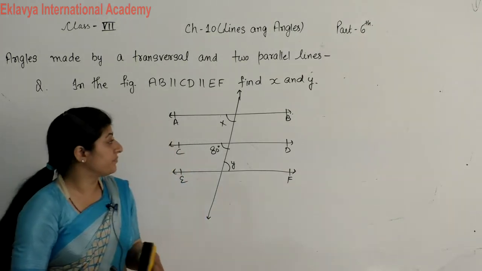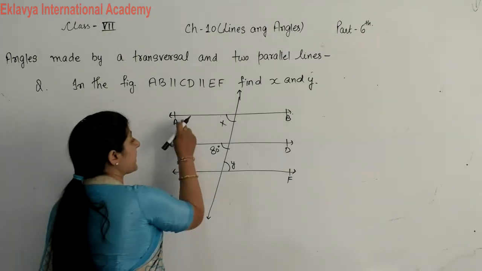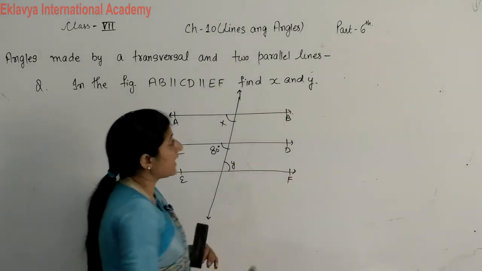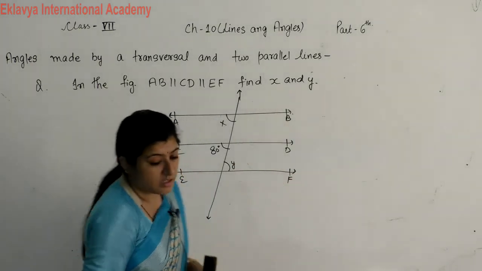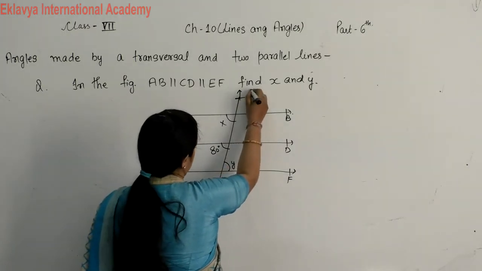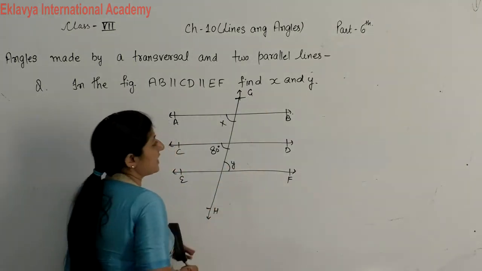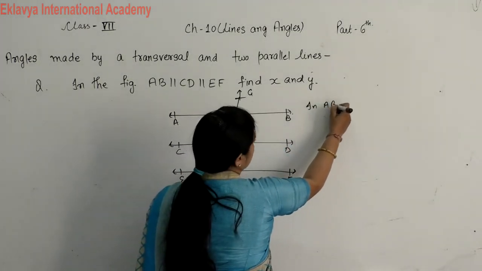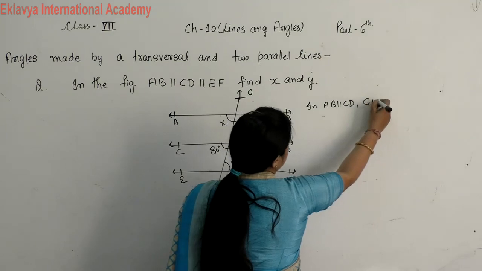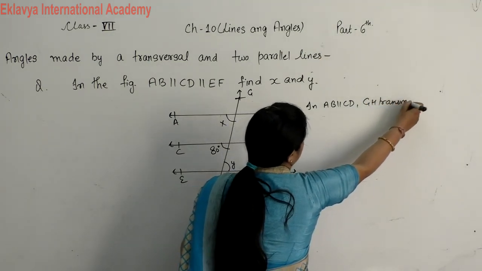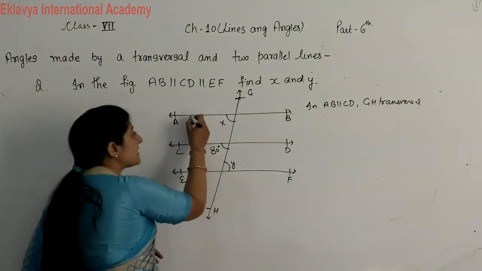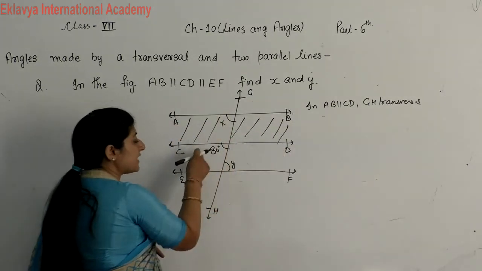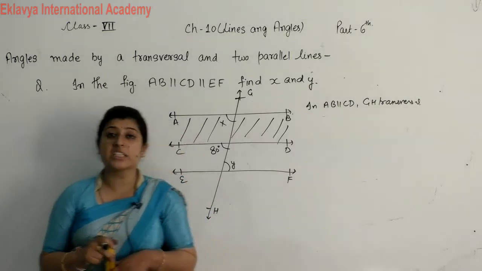Okay, now see. When we are taking AB parallel to CD and this one line is any line, suppose GH. GH is a transversal. Then in AB parallel to CD, GH transversal, this one is the interior region and this one becomes the exterior region.